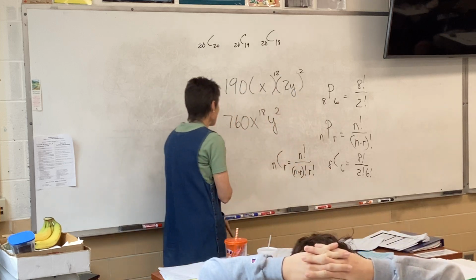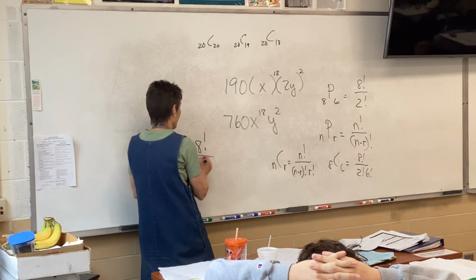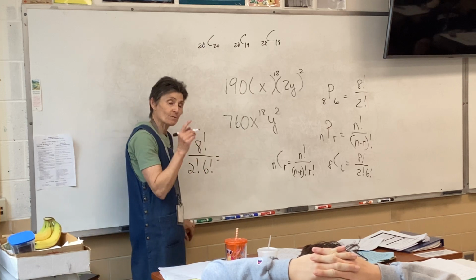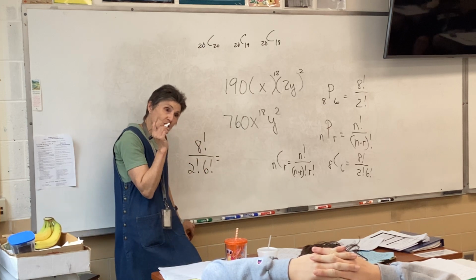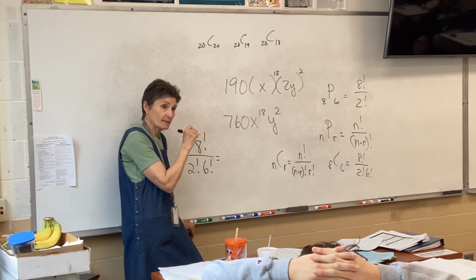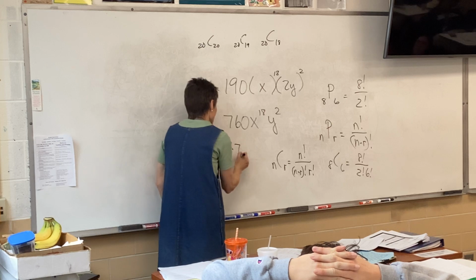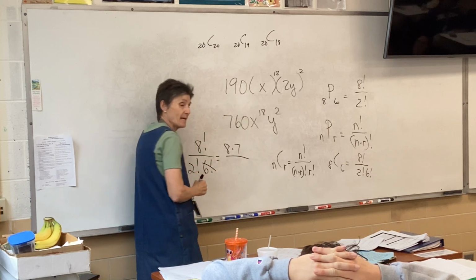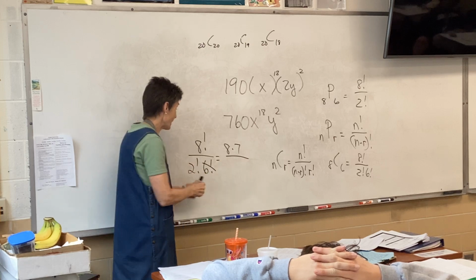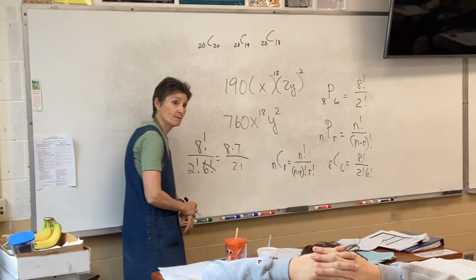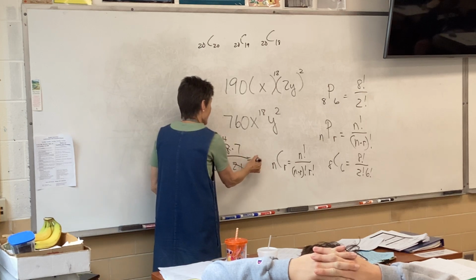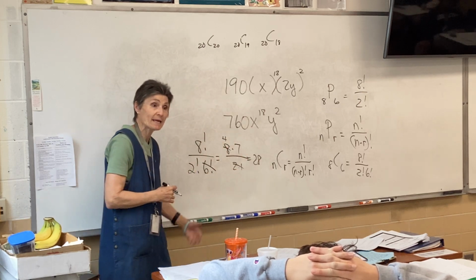To answer Sabrina's question, if I am working this out, I remember that 8 factorial means what? 8, 7, 6, 5, da da da da da. So doesn't everything after here cancel? Sabrina? Yeah, I know. So these cancel, and I still have my 2 factorial in the bottom. 2 goes into 8 4 times, so the answer is 28 if I'm doing it by hand.